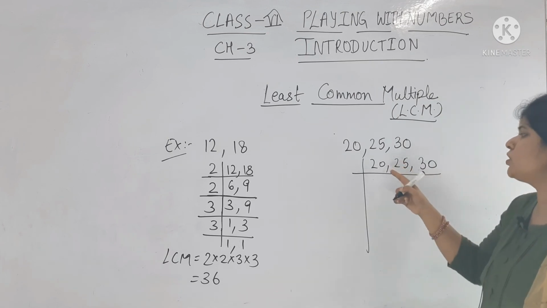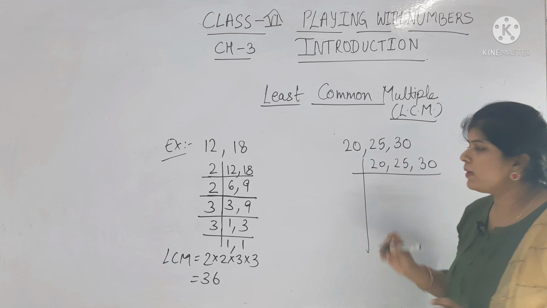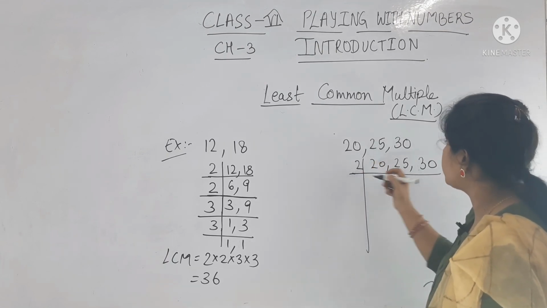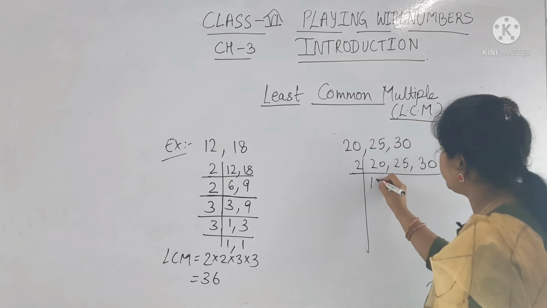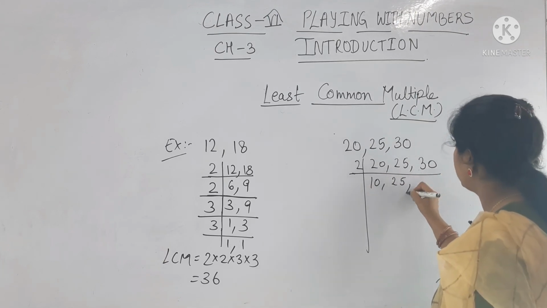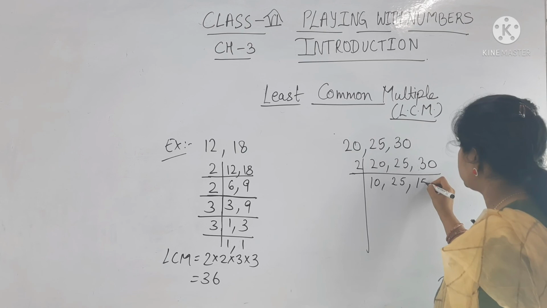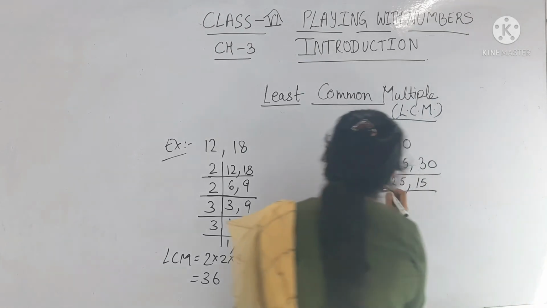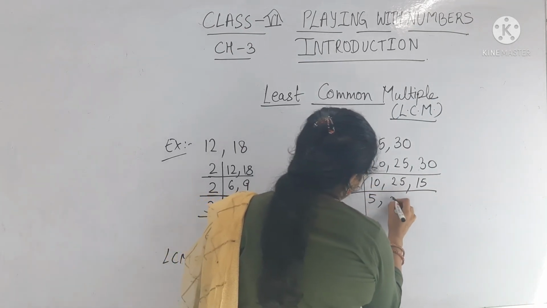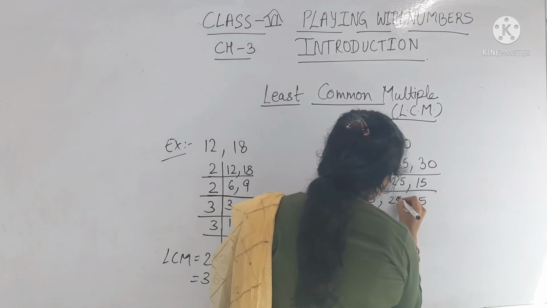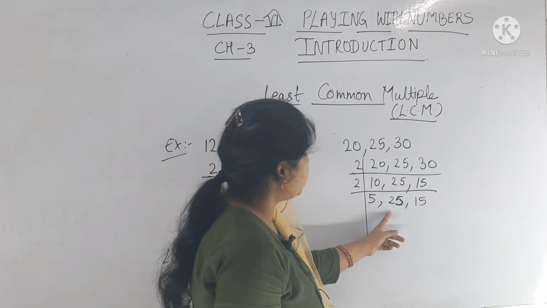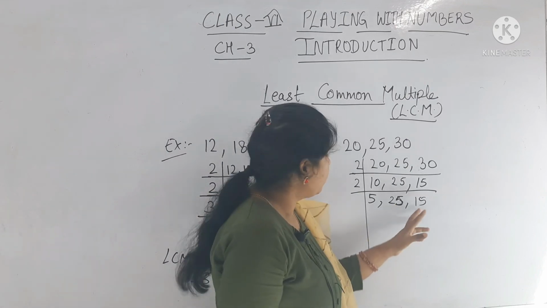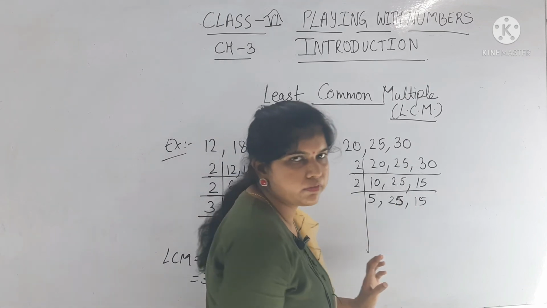For 0, 2 is divisible, but 5 is not divisible, so I will write this number as it is. 2 10s are 20, 25, 2 15s are 30. Now again 2 5s are 10, 25, 15. We can see for 3, 5 plus 2 is 7, it is not divisible; 5 plus 1 is 6, so it is divisible.